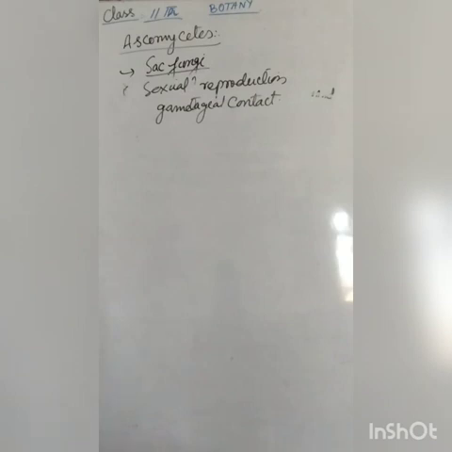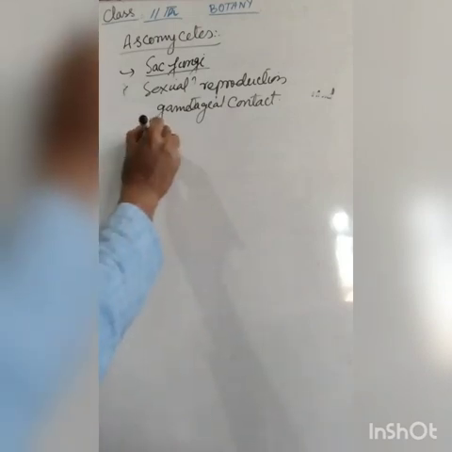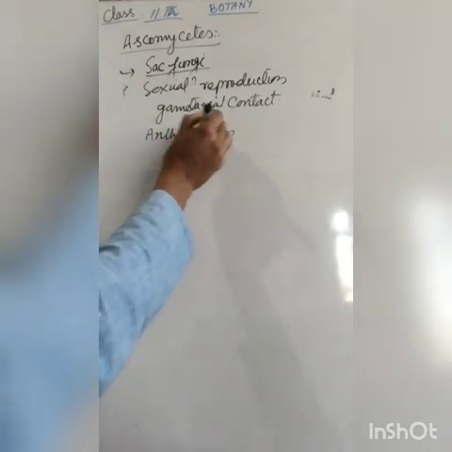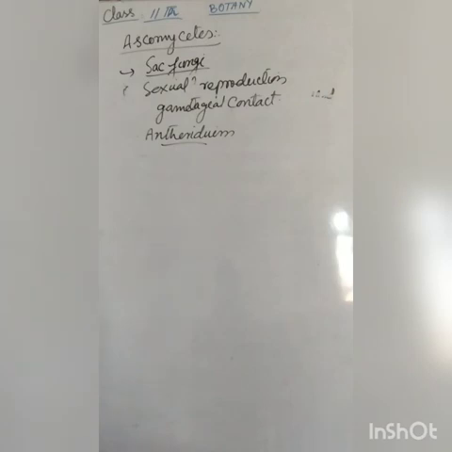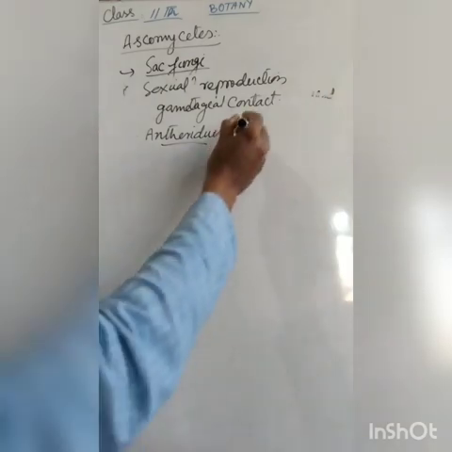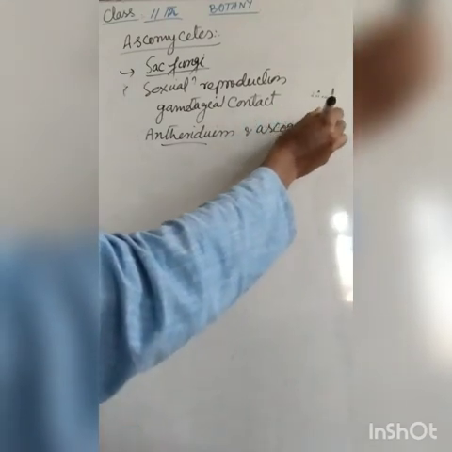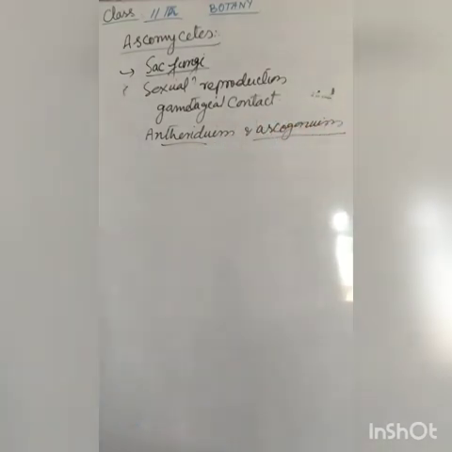The gametangial contact may be between the antheridium and the ascogonium. The antheridium is the male sexual organ, and the ascogonium is the female sexual organ.